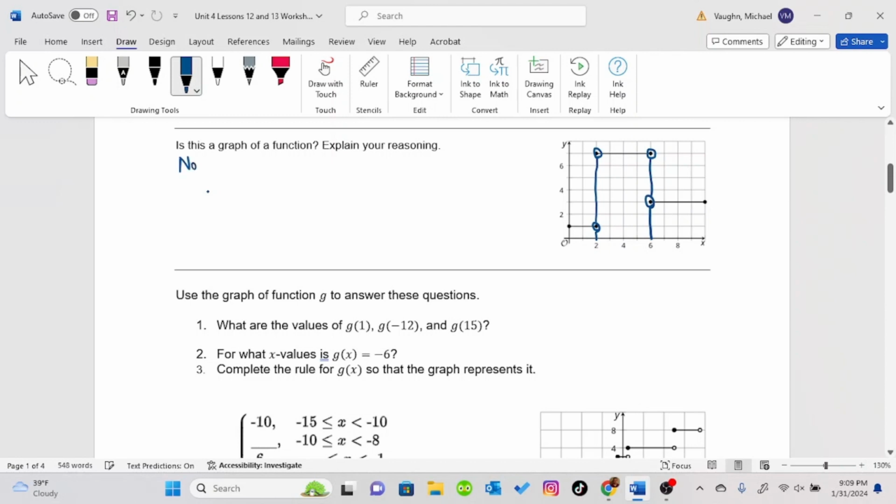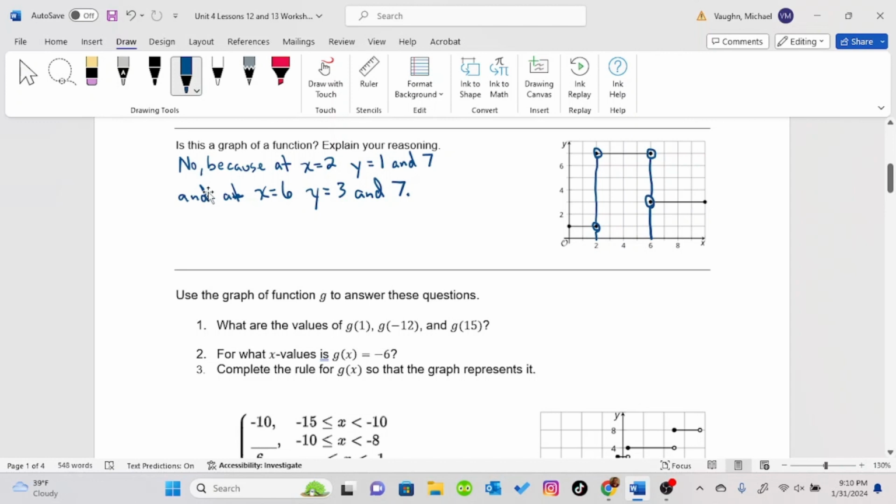So no, because at x equals 2, y equals 1 and 7, and at x equals 6, y equals 3 and 7.